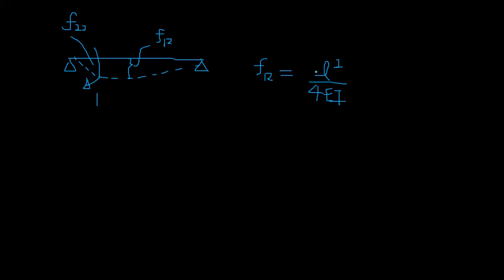So we consider upward positive. So that is exactly negative as F21. So that means what we are doing is totally correct, right? Fundamentally correct. So F22, right? So F22 is how much? 2L over 3EI.